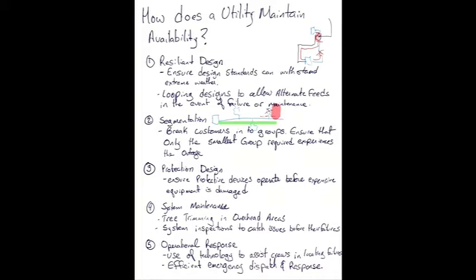So, keep up with our tree trimming and do our system inspections. We're obligated to inspect our entire system once every 3 years. In practice, that means you do 1/3 every year. If you see a cracked insulator as a utility, go deal with it. If you see damaged guy guards or damaged guys or missing U-guard or an arrestor that's starting to discolor, go and deal with it and keep up on your maintenance.